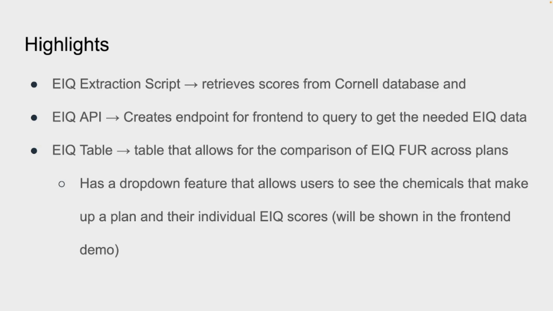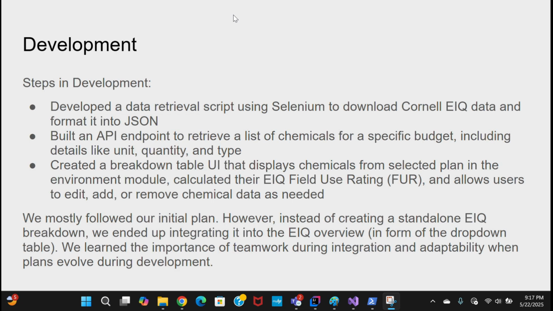So to start off with, the extraction, we needed a way to extract the data from the Cornell database, and then we needed to be able to create an API from that data so that we could pull that data and then put that into a table so that the end user can see that data, select that data, and then see more information about the thing that they selected so that they can compare chemicals and review any other data related to them.